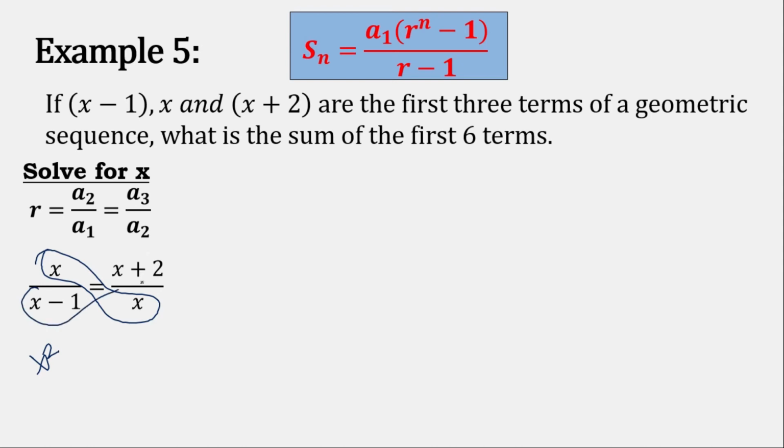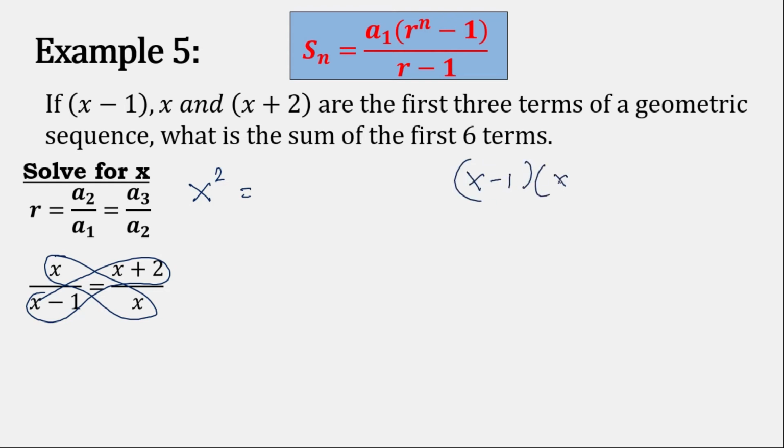And if we multiply the other side, we will get a quadratic trinomial. So x multiplied by x is x squared, and this will be on one side of the equal sign. Then x minus 1 multiplied by x plus 2. So we will solve this.